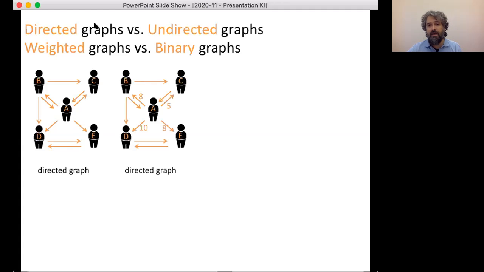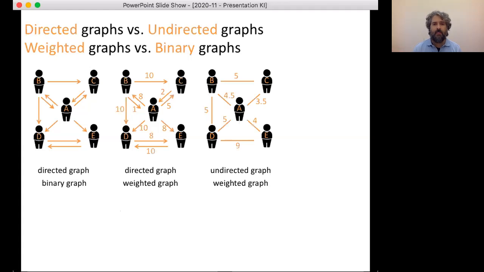So we have a weight. For example, A can say he likes B 8, but B might like A 1, and so on. So we have a distinction between a binary graph, where we either have or not have connections, and a weighted graph, where we have a weight associated to each connection.